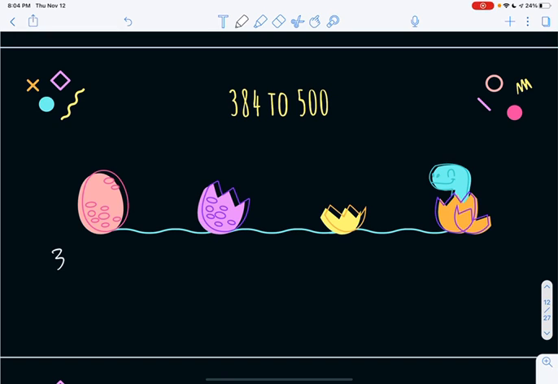Let's go ahead and draw pictures to try to figure it out or use the arrow method. So we're at 384 and we're trying to get to 500. What are some of our benchmark numbers? Well, I would say our next benchmark number would be 390, because we need to count by ones to get to 390.